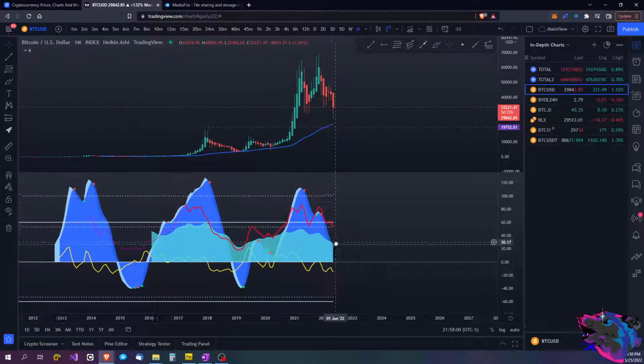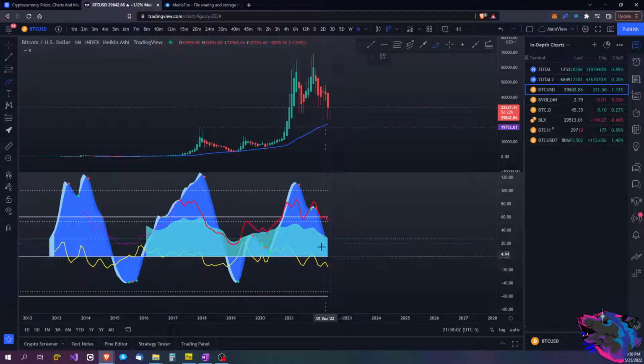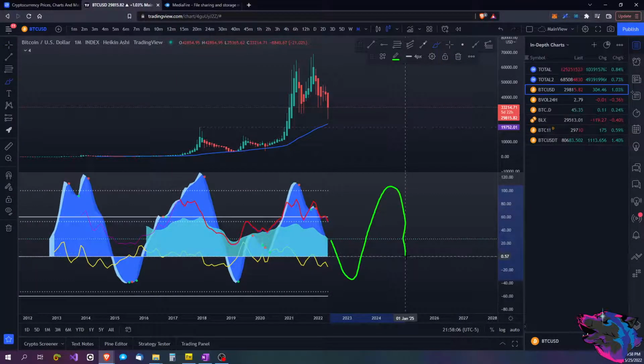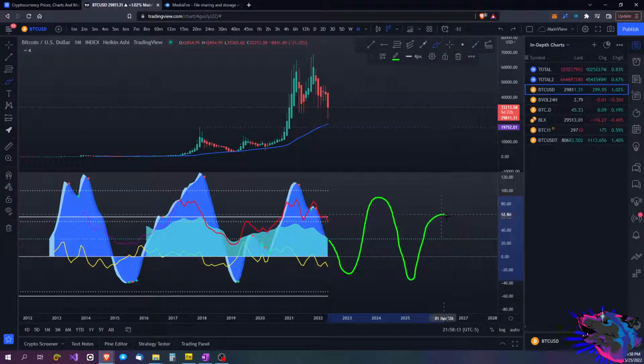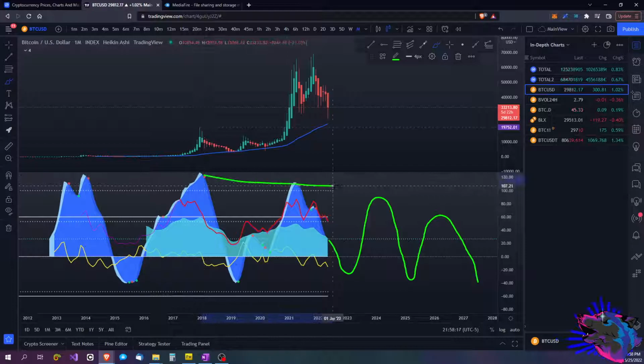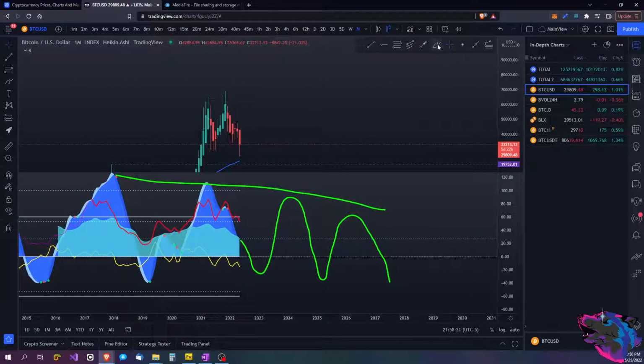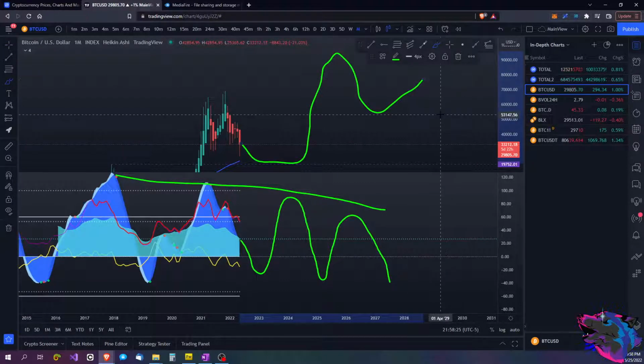This could potentially come down, and then maybe do something like this in future bull markets. And even though these momentum waves are decreasing, up here we might still see new all-time highs and so on and so forth.